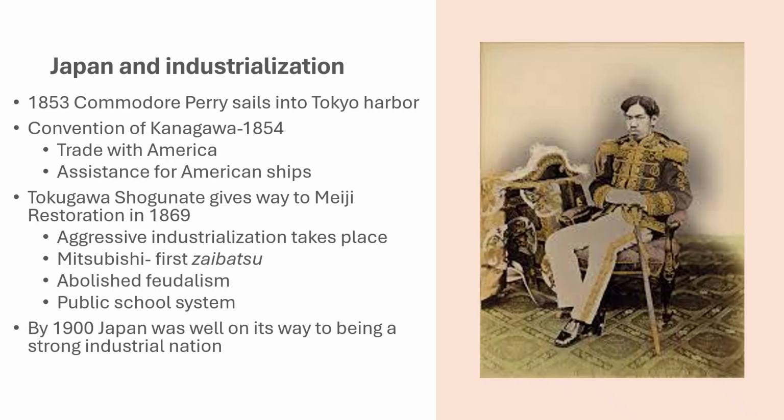Okay, so moving on now to talk about industrialization in other parts of the world. So Japan has kind of a unique and interesting story when it comes to industrialization. The last time we talked about Japan, they were under the Tokugawa shogunate, and essentially they were closed off to the rest of the world, right, with some minor exceptions.